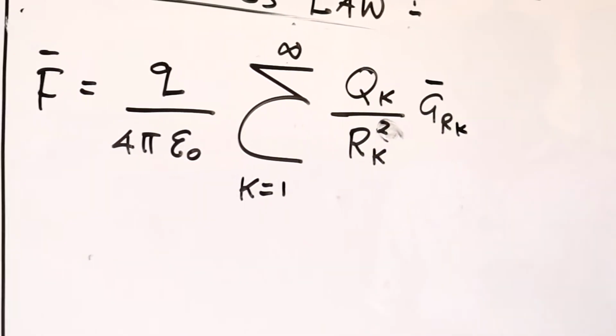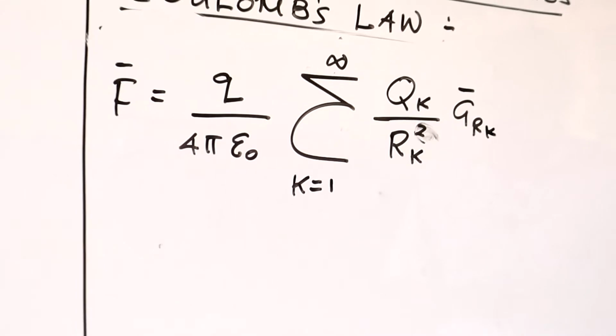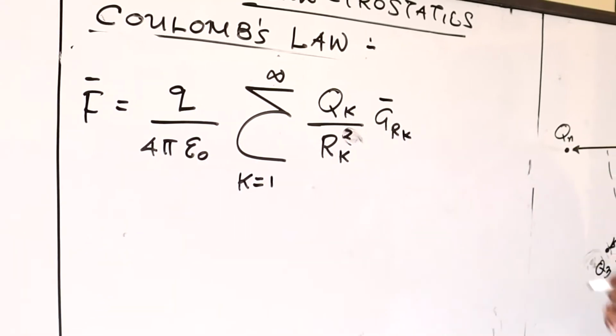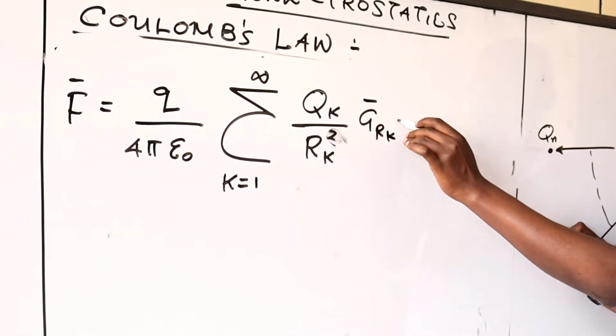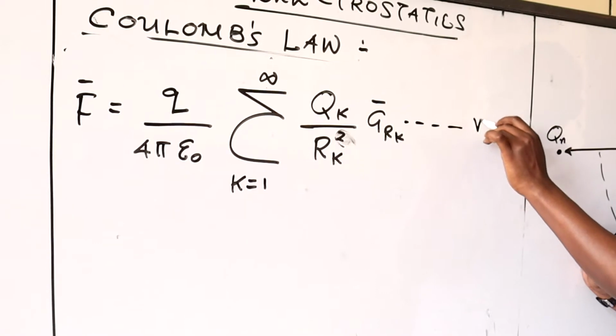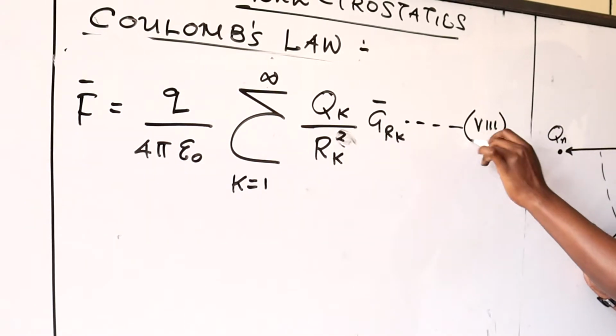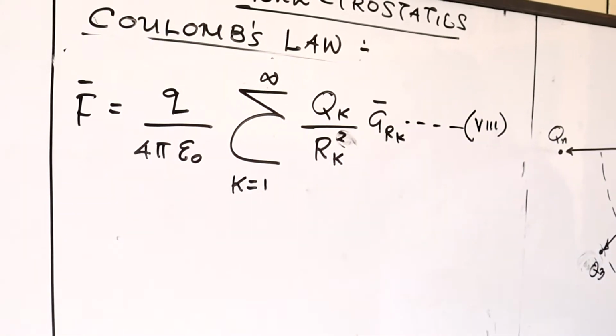So that is a summary of how we are supposed to sum all our terms there. And this can be our equation number 8 that summarizes that.